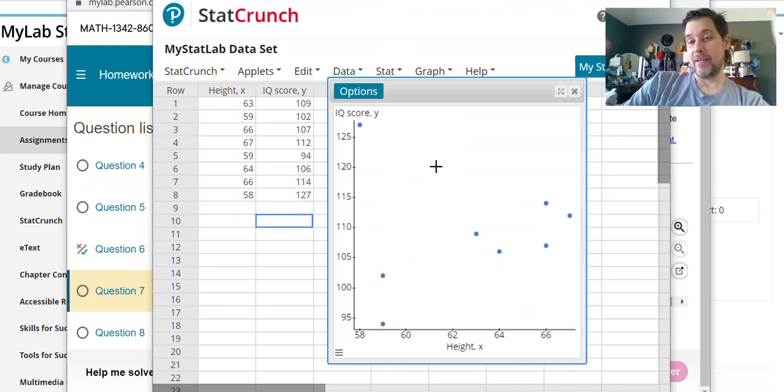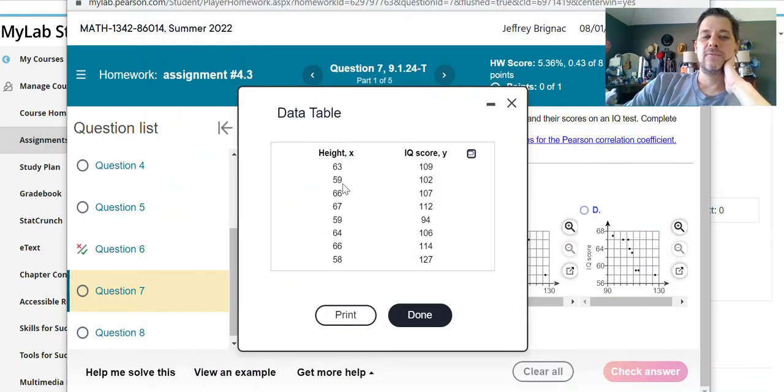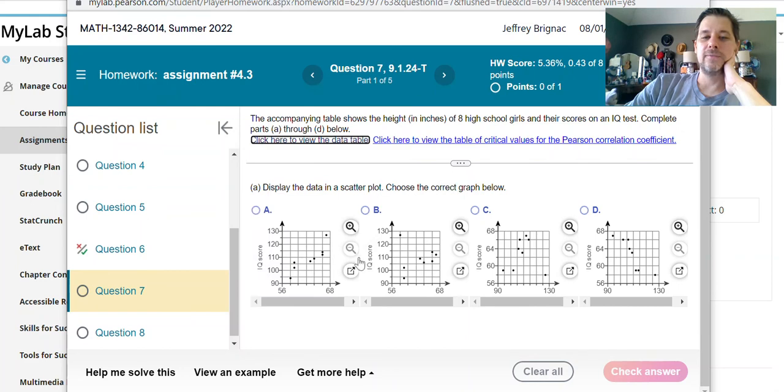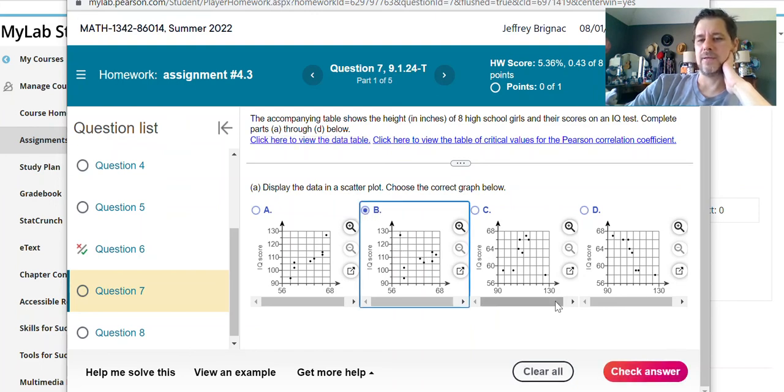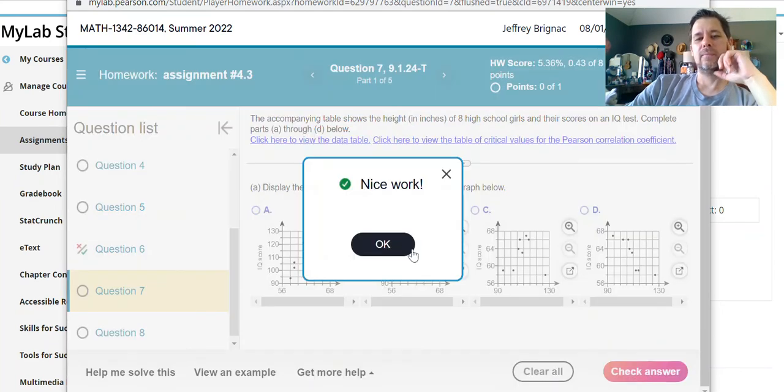I guess there's more of a trend than I expected, but okay. Let's see if we can select which one of those it is. It's this one, right? There was that one outlier up there, between 120 and 130. And then the others had kind of a weak positive correlation.